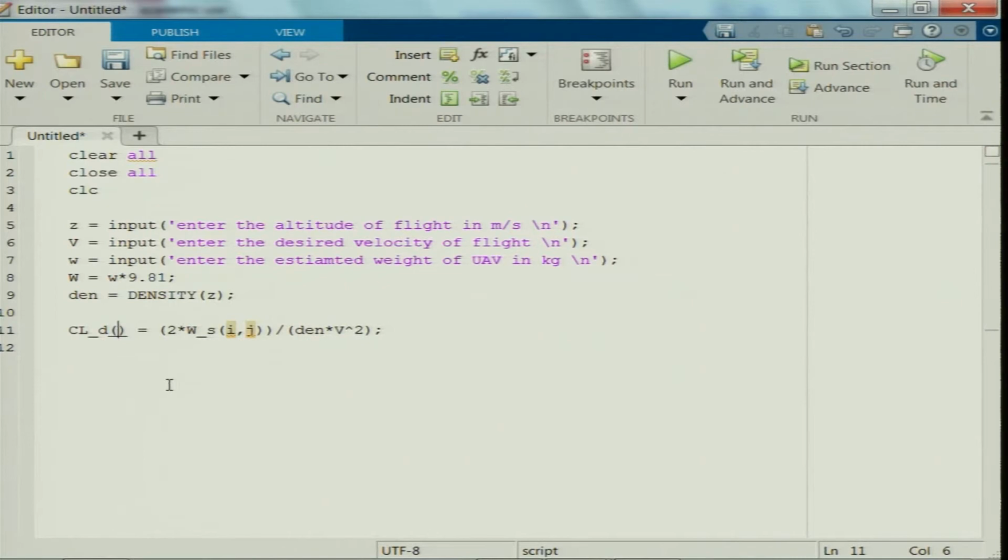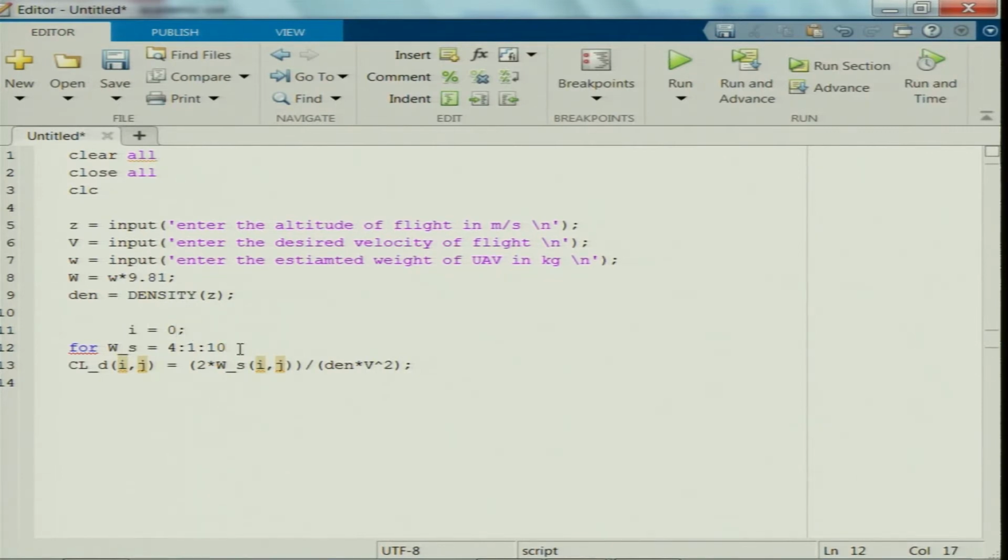CL design of I comma j, where I stands for the current iteration, for W underscore S, wing loading, varying from 4 to 10, say, with an interval of 1. Before this I would like to set I equal to 0.